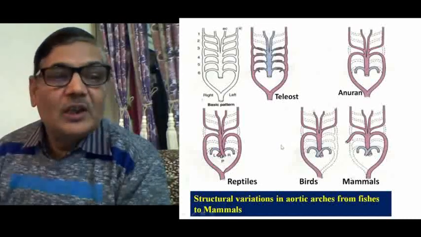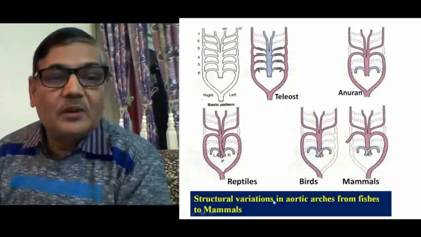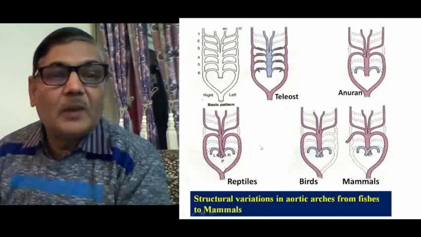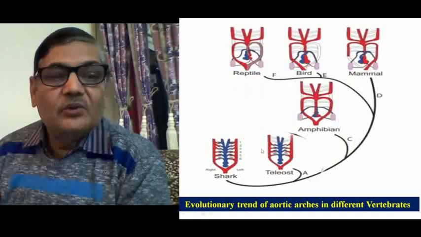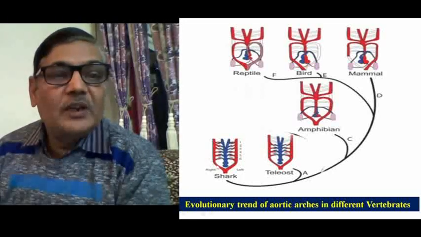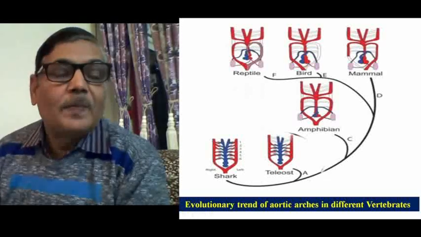So this is the arrangement which is shown here in this diagram, structural variations in aortic arches from fishes to mammals. As I said, evolutionary changes could be seen in different forms of vertebrates. So if we consider elasmobranchs, they possess 5 pairs of aortic arches.